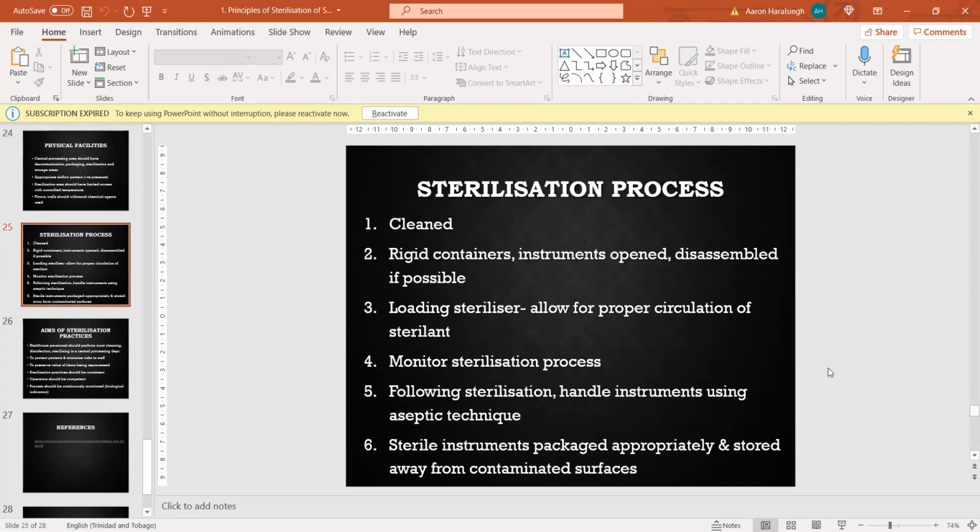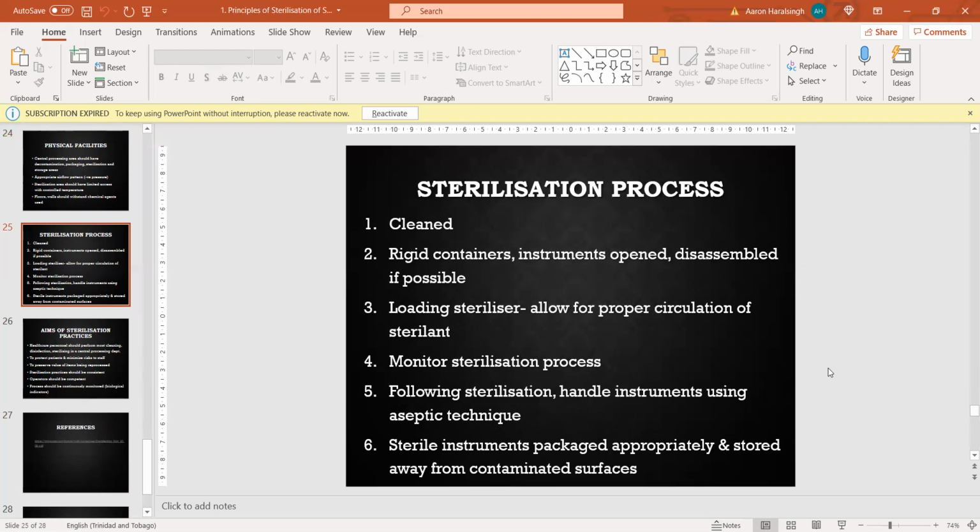So the entire sterilization process first involves cleaning of the instrument. The rigid containers or the instruments are opened and disassembled if possible. They're cleaned completely, and then they are loaded into the sterilizer, which allows for proper circulation of the sterilant.